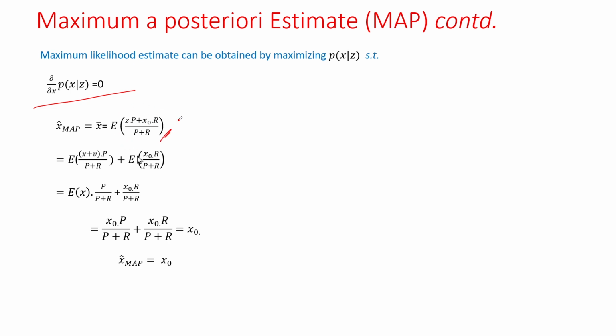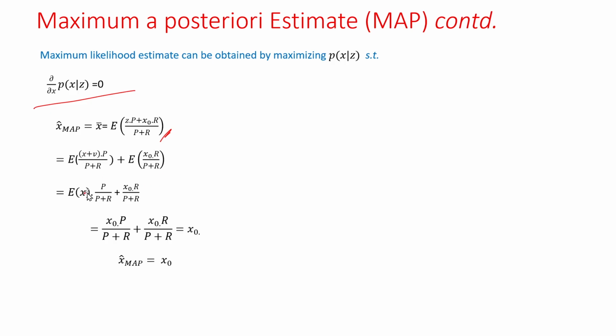So, this is like this. Now, if you take your expectation operator, you just separate it out into two components. From z you can replace it with x plus v. So, evidence is equal to hypothesis plus noise: x plus v, into p by p plus r, plus expectation of x 0 into this term. Just simple algebra I have done.